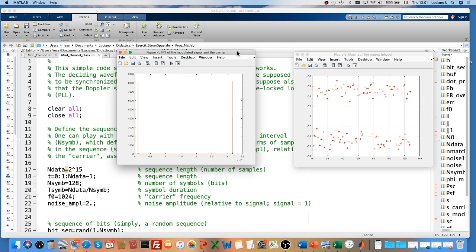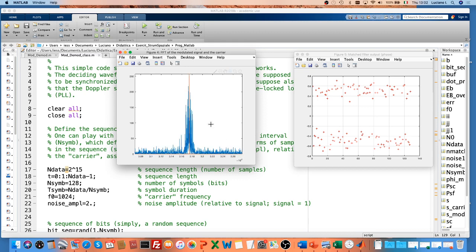Okay? If you have questions, please go ahead. In the meanwhile, I will magnify this region of the spectrum, which is somewhat interesting.